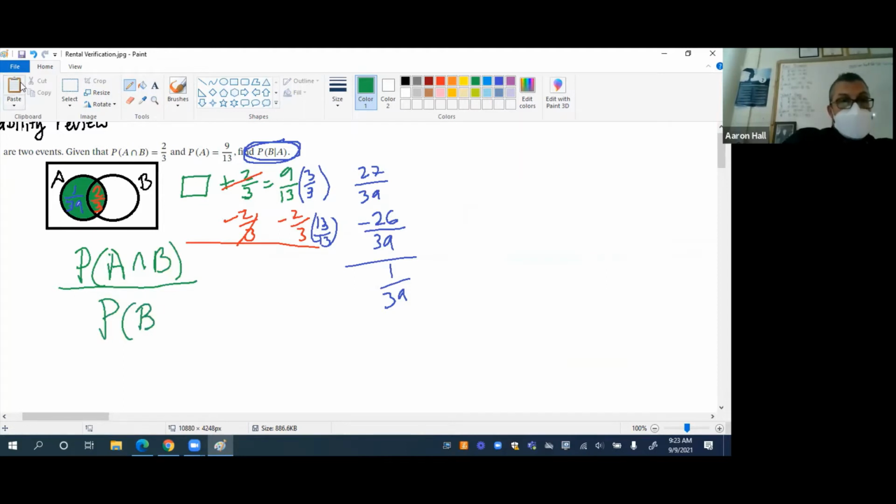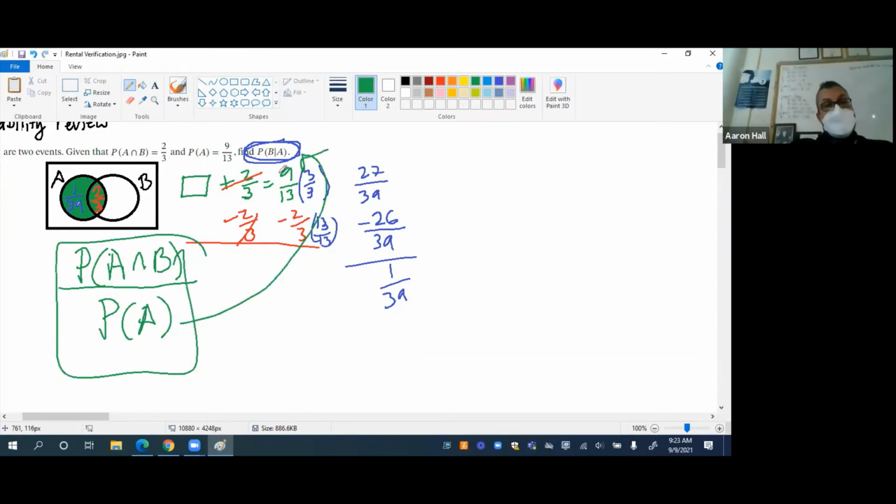Oh, sorry, probability of A. Do you agree that this is the same thing as this? We're taking this piece here divided by this piece here. Maybe I should use a different color. Does that make sense? That's our conditional probability. Does that make sense or not?